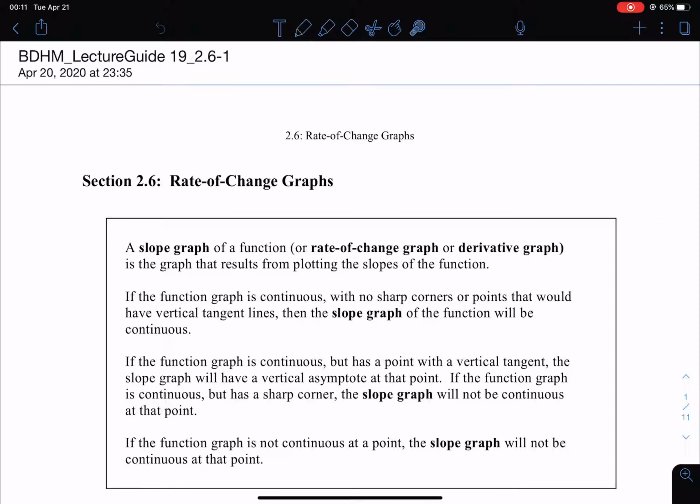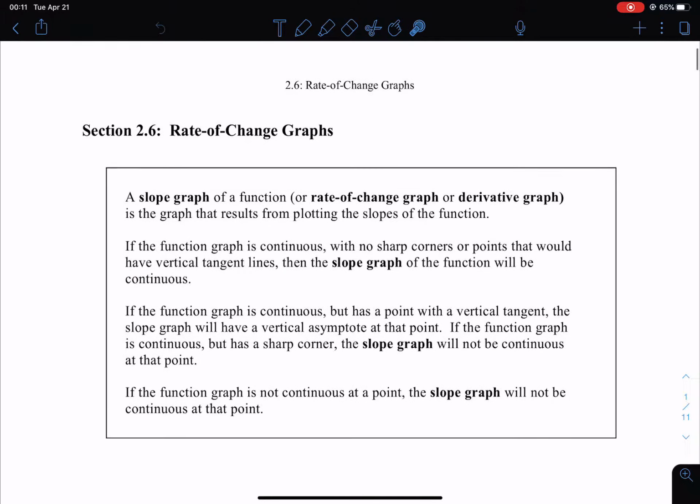A slope graph of a function, or rate of change graph or derivative graph, is the graph that results from plotting the slope of the function. If the function graph is continuous with no sharp corners or points that would have vertical tangent lines, then the slope graph of the function will be continuous.